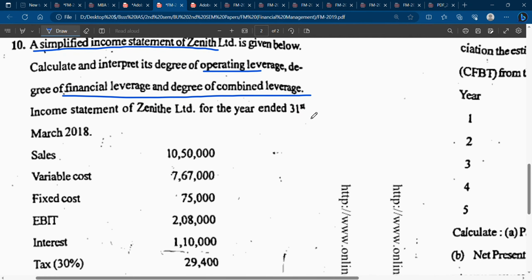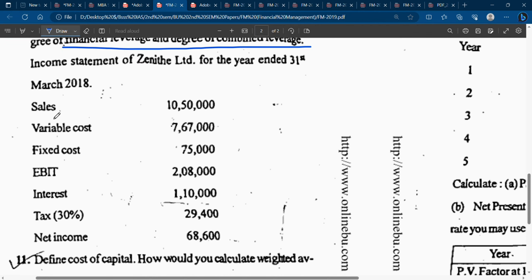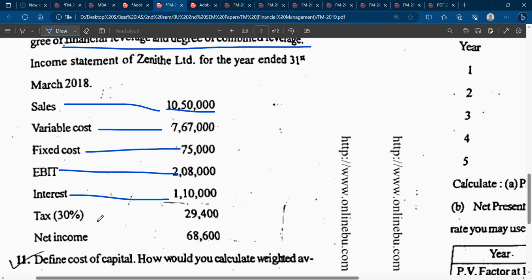The question is so easy. Here we have sales, variable cost, fixed cost, EBIT, interest, tax and net income given. All the things are given, we just have to put them in the formula.